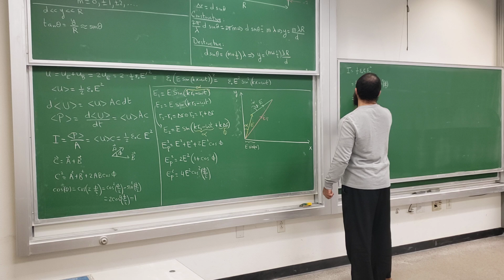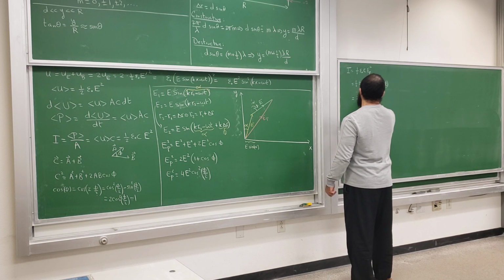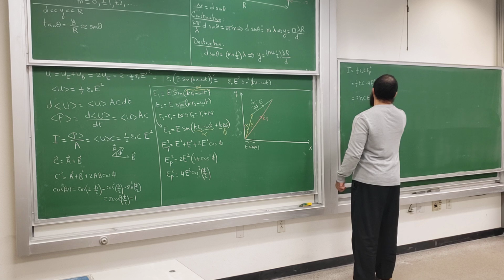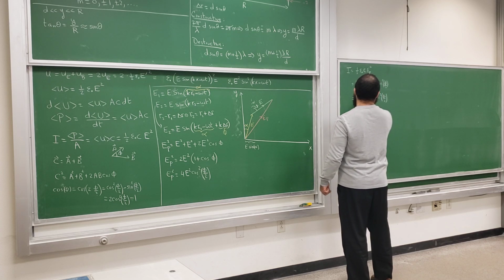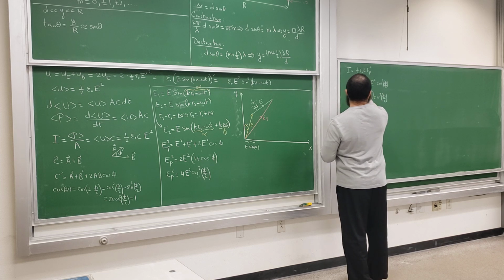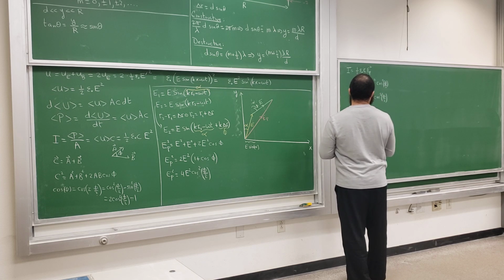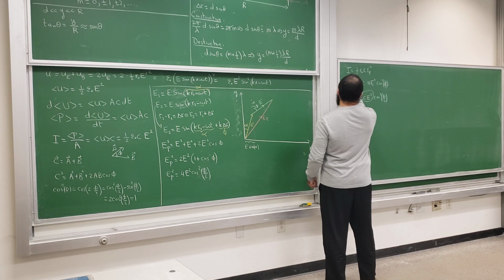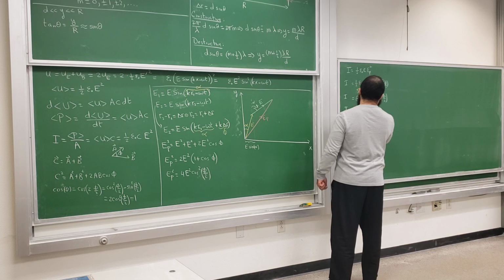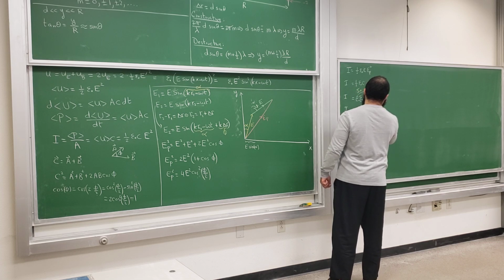And so this becomes 2 epsilon naught c E squared cosine squared phi over 2. And we call this whole thing I naught. So the intensity is equal to I naught times the cosine squared phi over 2.